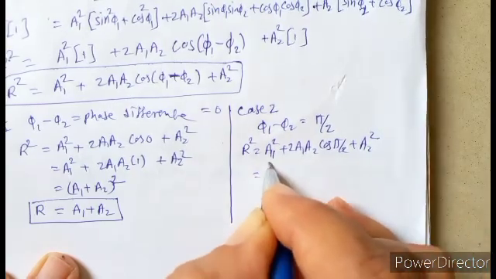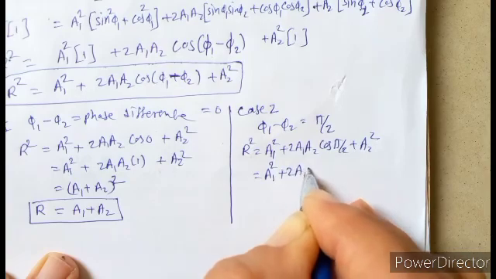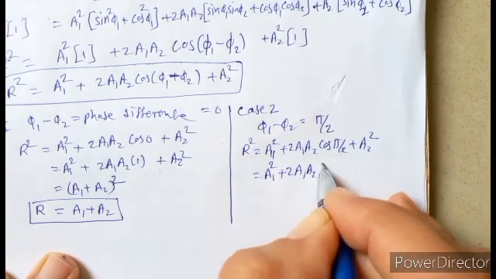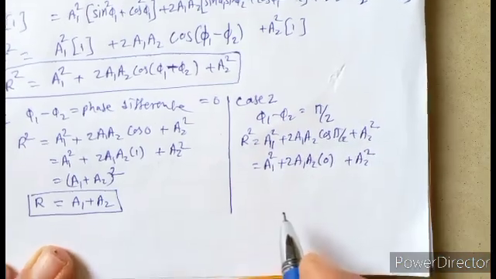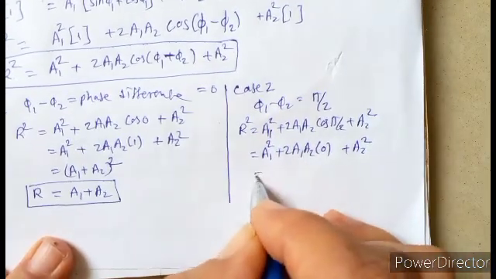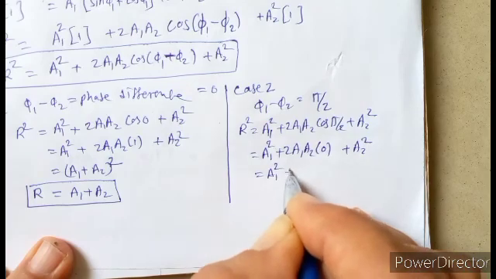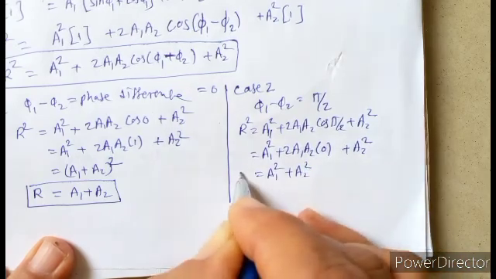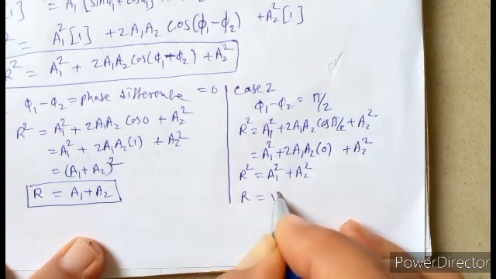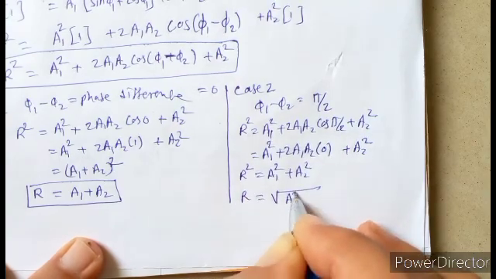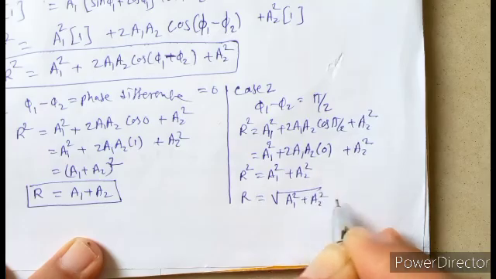Cos pi by 2 is always 0, and 0 into anything is always 0. So a1 square plus a2 square is equal to r square. Taking the square root, r is equal to the square root of a1 square plus a2 square.